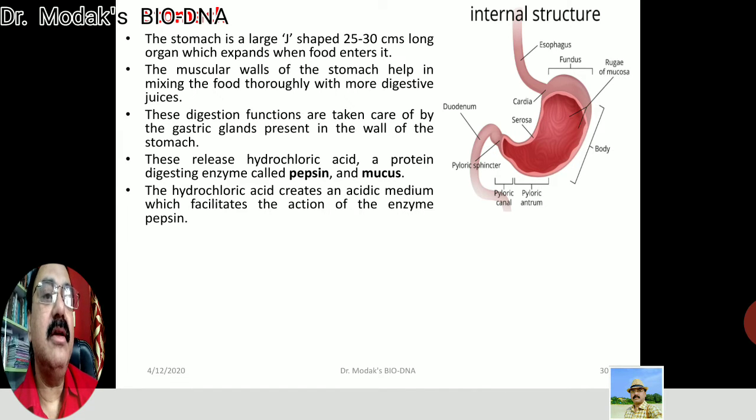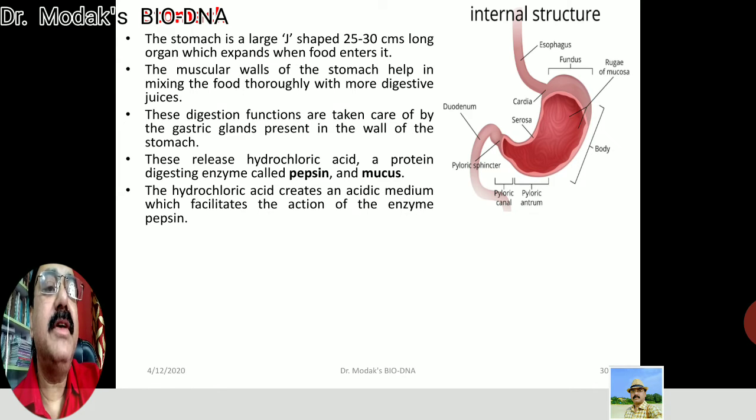In this churning, water and enzymes are thoroughly mixed. The digestion begins here, particularly protein digestion, and then the semi-digested material that we now call chyme passes through the sphincter present toward the lower part of the stomach, called the pyloric sphincter. Slowly and gradually it enters the small intestine.